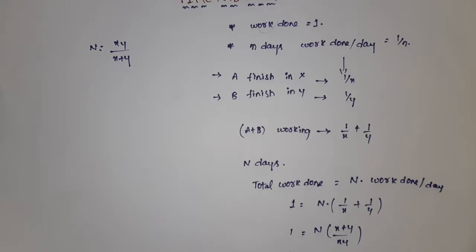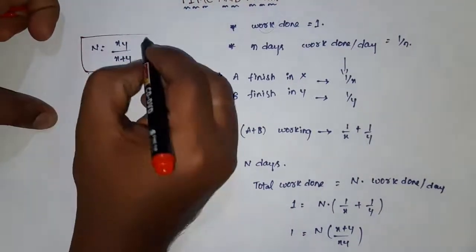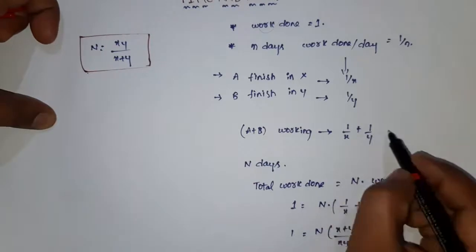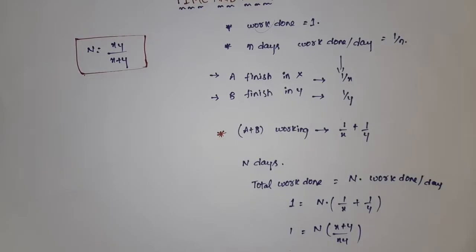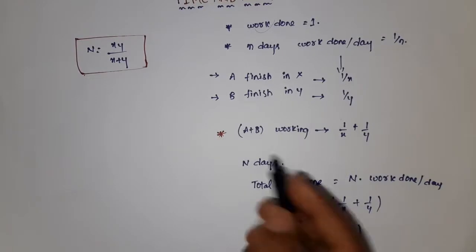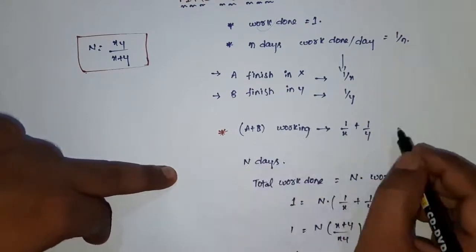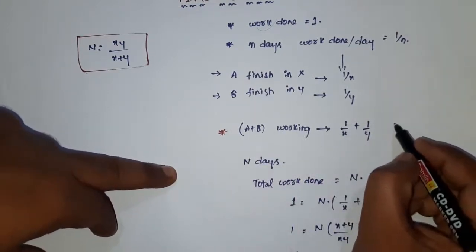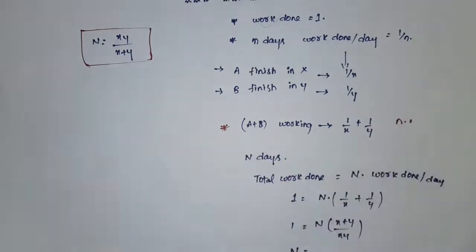You can remember this formula, or you can remember this relationship, by which you can solve many problems. It is useful not only for 2 persons but also for n persons. If n persons are there, you can simply add the amount of work done per day to get the total work done per day by all persons together.